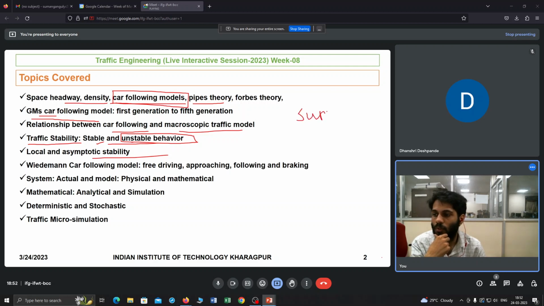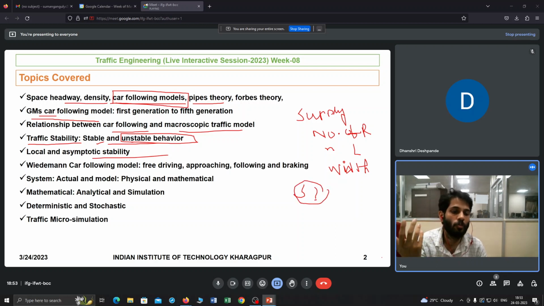Supply means the number of roads, the number of lanes, the width of the lanes, whether there is a signal placed at an intersection, what the intersection geometry is, whether there is a roundabout, and what the geometry of the roundabout is. These are supply kind of factors. People build roads so that I can use that road, right?